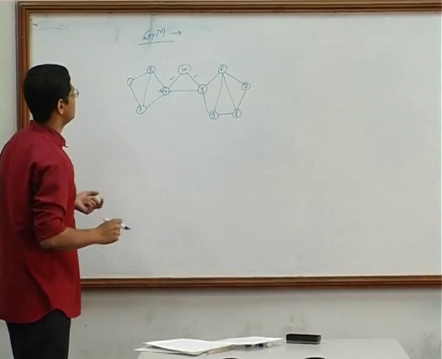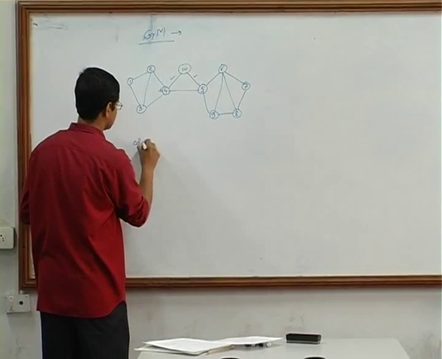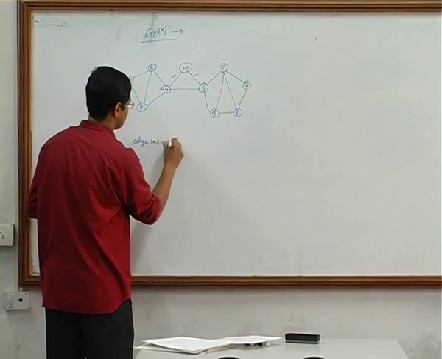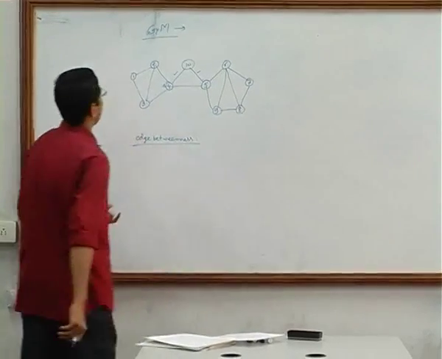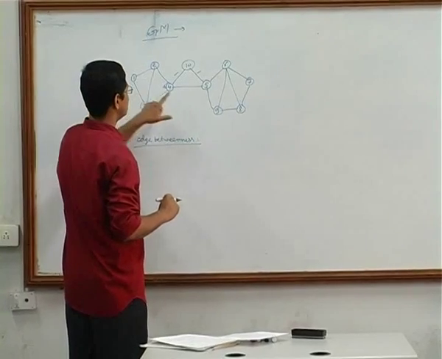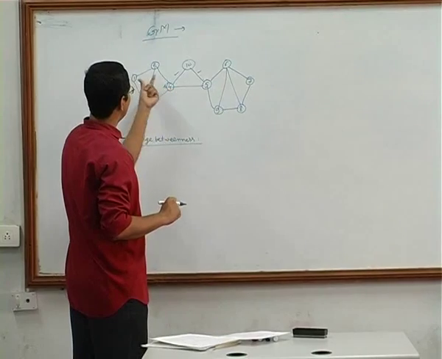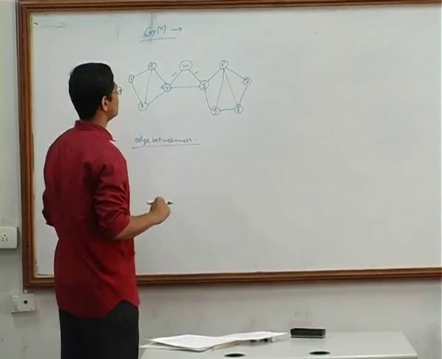So, first to understand what is betweenness, edge betweenness can be defined as the edge through which more shortest paths pass.